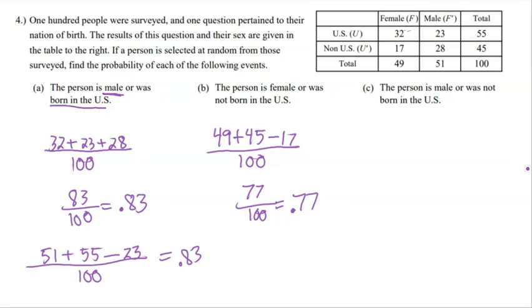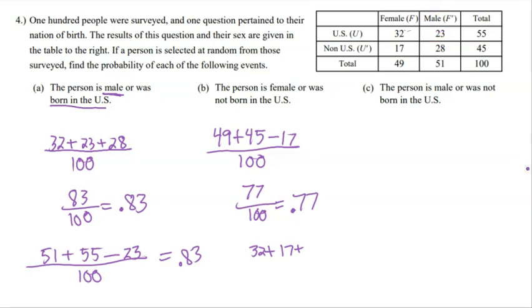We can identify each category as being either female or not born in the U.S. So let's look at this one. This category here, these 32, well, they're female. And so that's 32 plus this one right here. Well, that one's also female, so we'll include that one, 17 plus. Will we include this one, this 23? Nope.